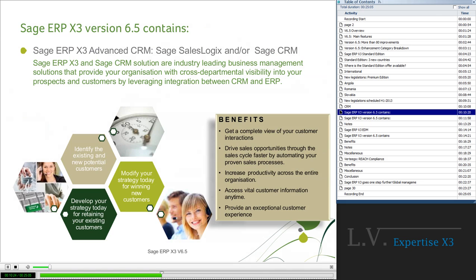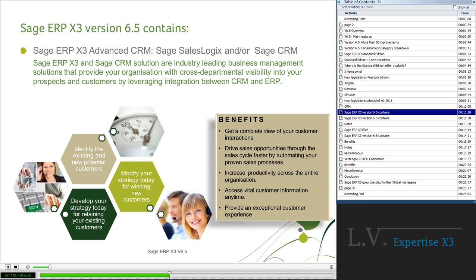With version 6.5, we have a CRM advanced option, which allows connection between Sage ERP X3 and both Sage CRM and Sage Sales Logics. Sales Logics and Sage CRM are the two flagship CRM offerings from Sage. And with this unique integration between X3 and Sales Logics and Sage CRM, you're now empowered to leverage all of the existing customer information to better manage and grow customer relationships.